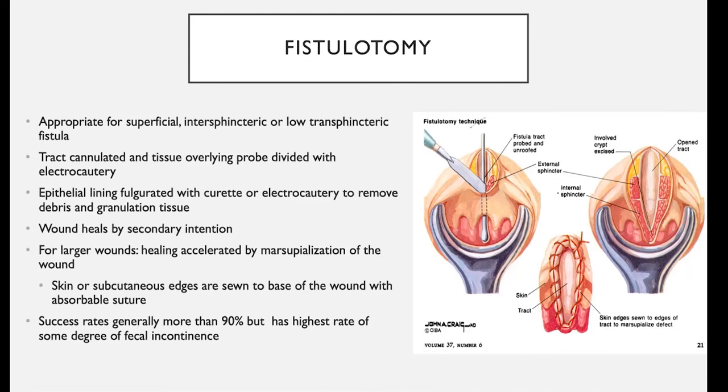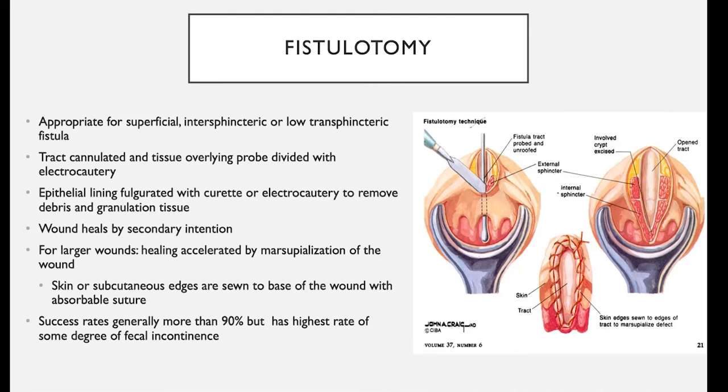This is done by cannulating the fistula tract and then incising the tissue overlying the probe, typically with the electrocautery. The epithelial lining of the tract is fulgurated with a curette or electrocautery to remove debris and granulation tissue, and then the wound is left open to heal by secondary intention.